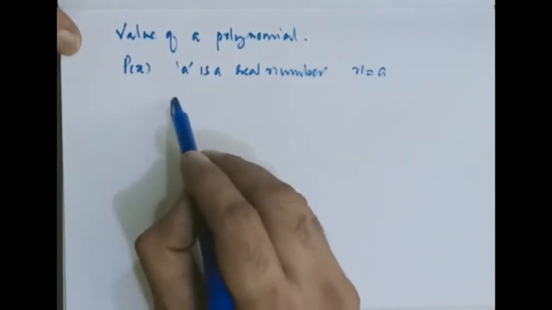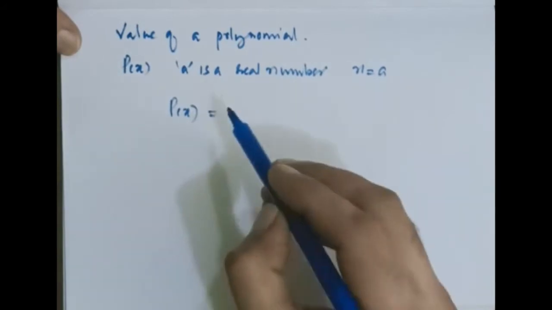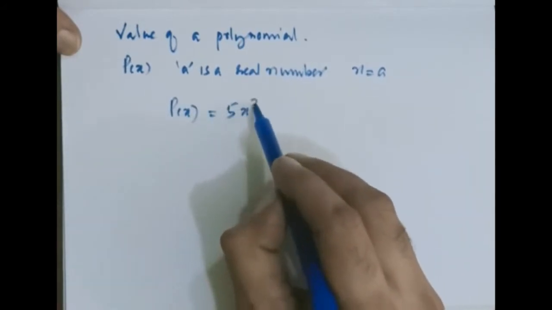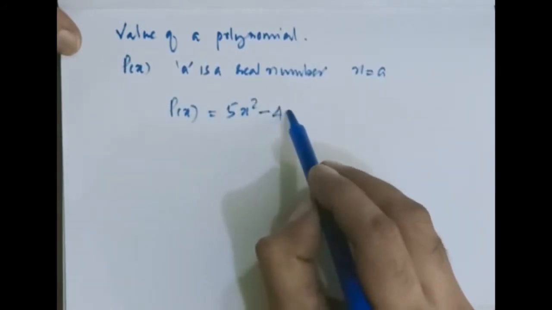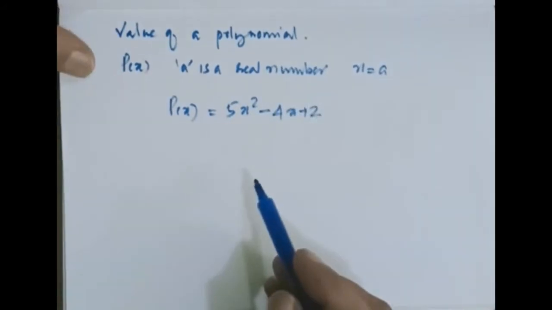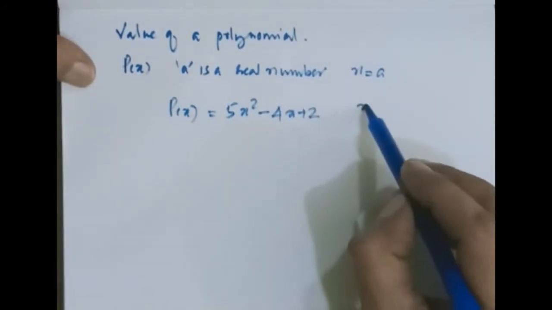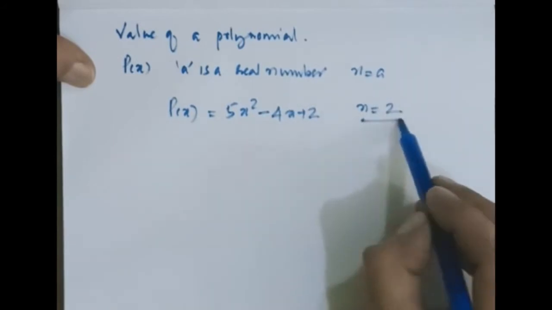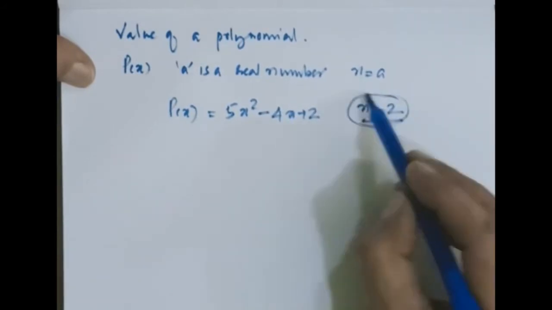For example, let p(x) equal 5x square minus 4x plus 2, and let us consider the value of x equal to 2. So what we want to do? Replace x by 2.